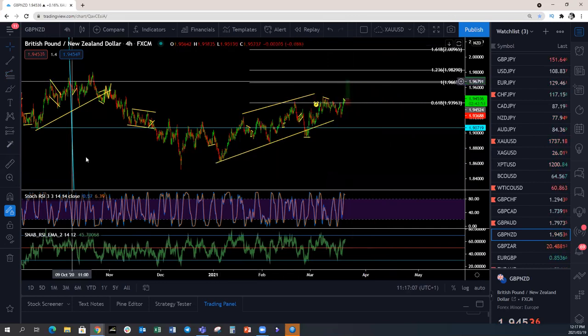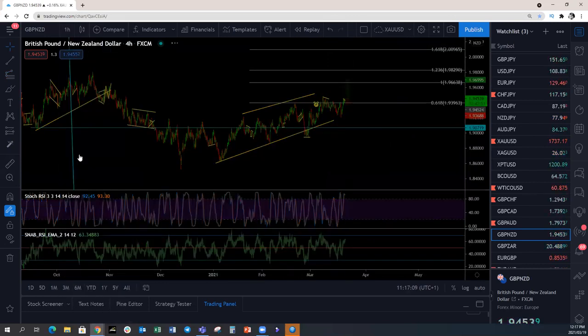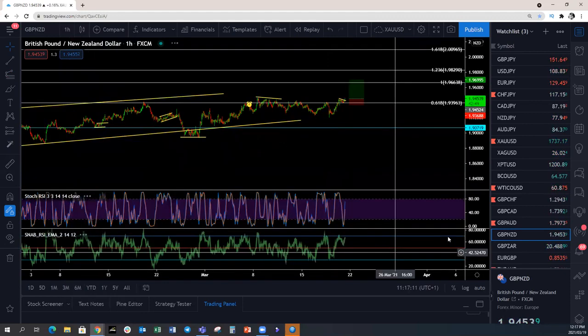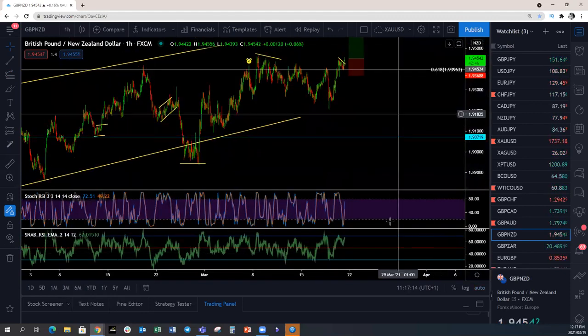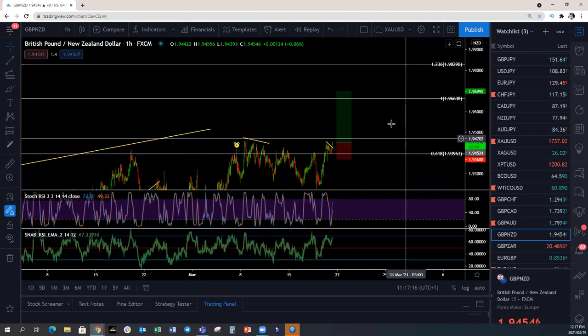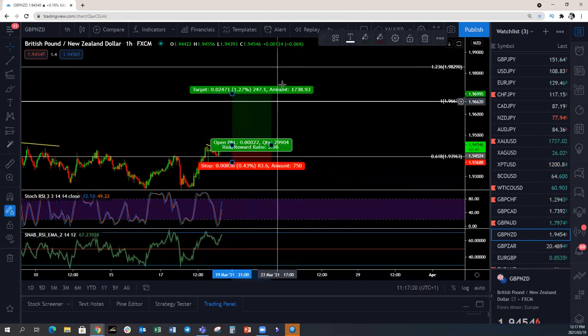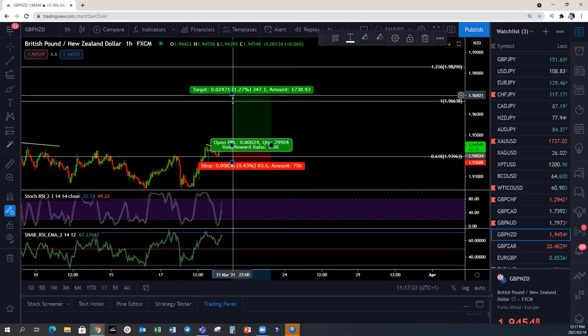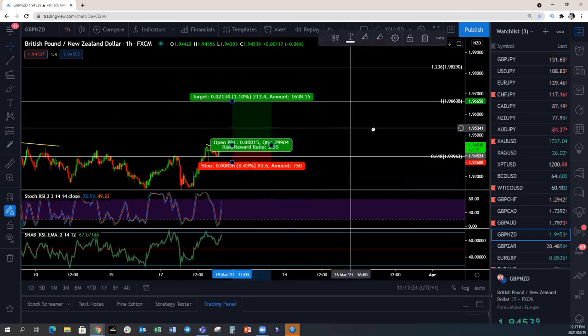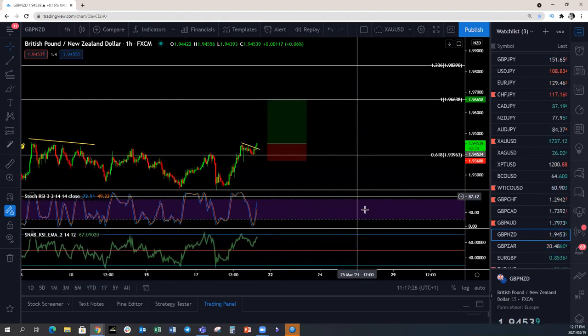Let's go back to the 1 hour. Still a good risk to reward ratio. Still 2.55. So the trade is decent.